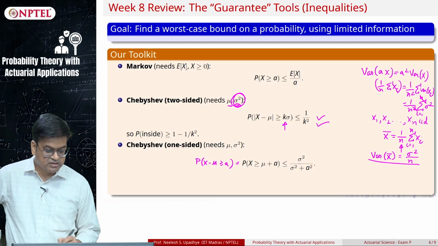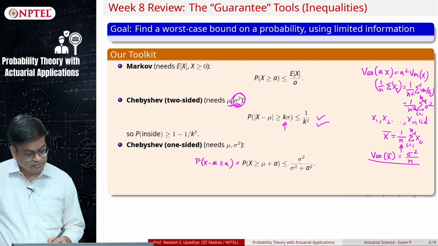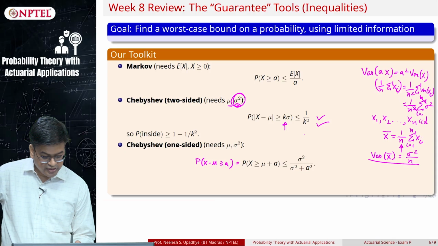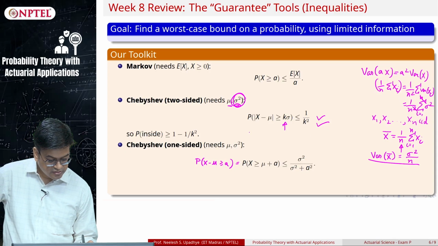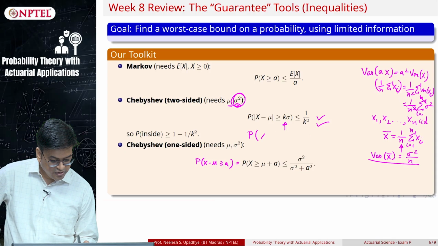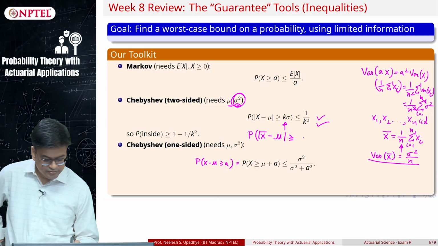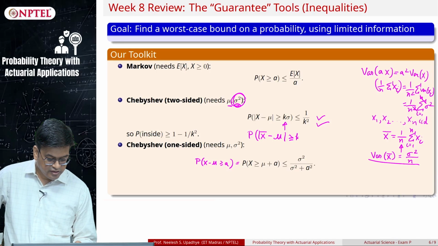Now, you apply this Chebyshev inequality to this particular terminology. So I have applied probability of mod x bar minus mu greater than or equal to say k sigma.